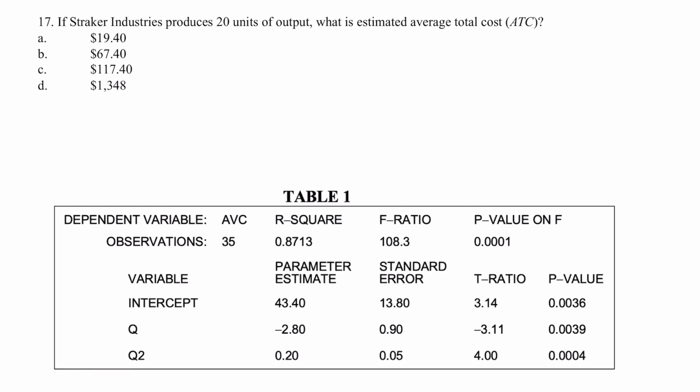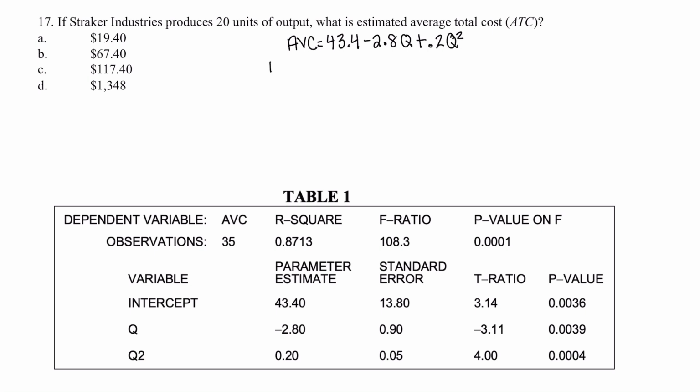17 says if they produce 20 units of output, what is our estimated average total cost? So we know that our average variable cost is given by 43.4 minus 2.8 Q plus 0.2 Q squared.